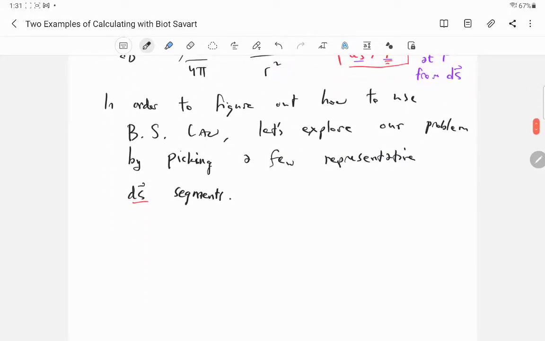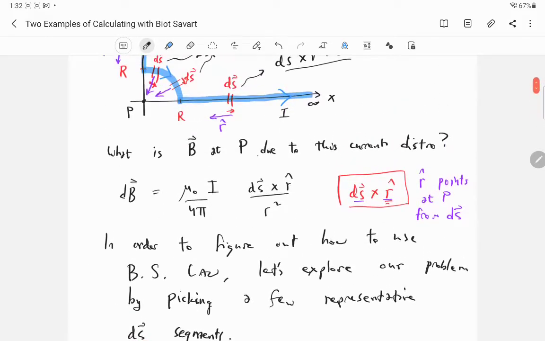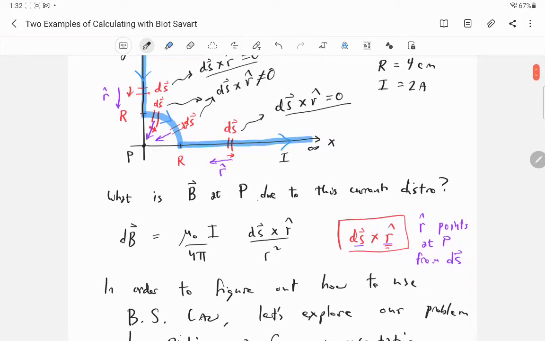So when I imagine integrating up all of the small contributions to the magnetic field to get the net magnetic field at P, all I need to do is integrate along the circular arc, right? Because along the straight line sections, ds cross r hat is just 0.